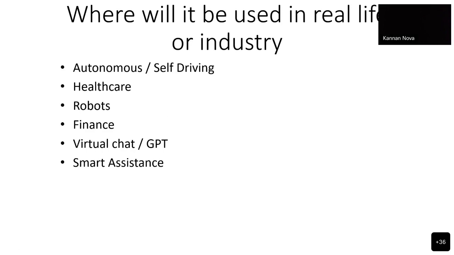Tesla cars, a lot of cars are using autonomous driving. Sometimes they call it self-driving, meaning the driver won't be there. Even if the driver is there, they put in the destination or target, then it drives itself.